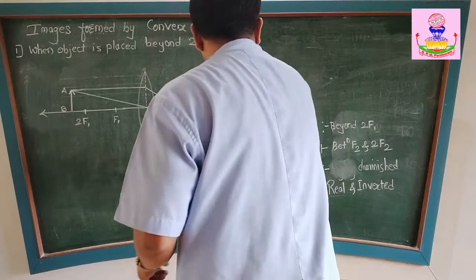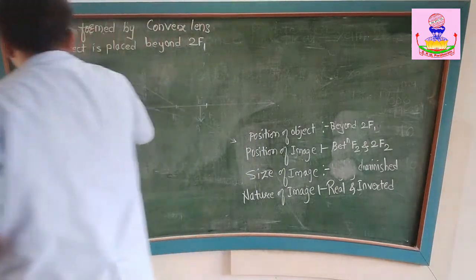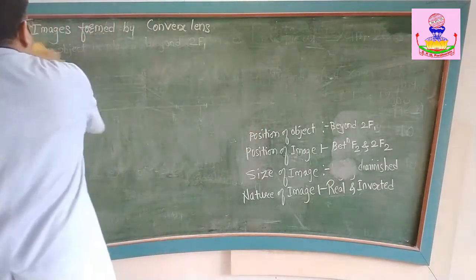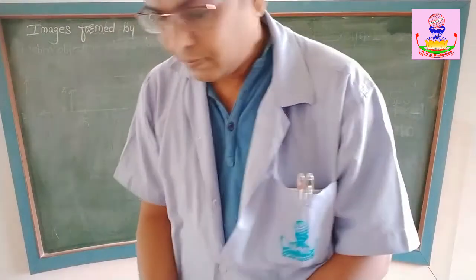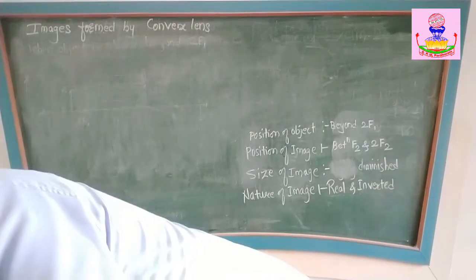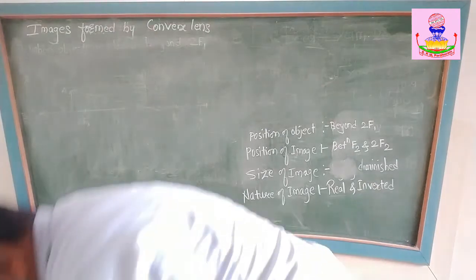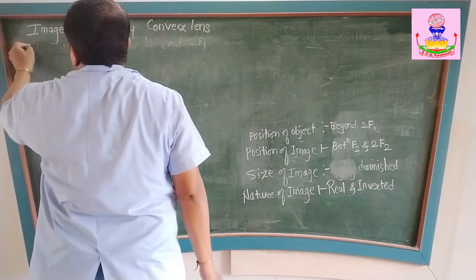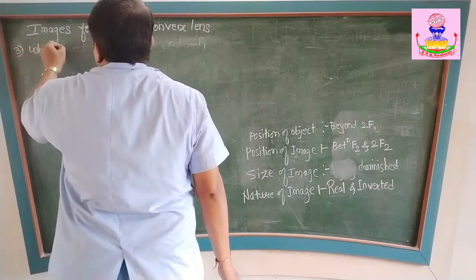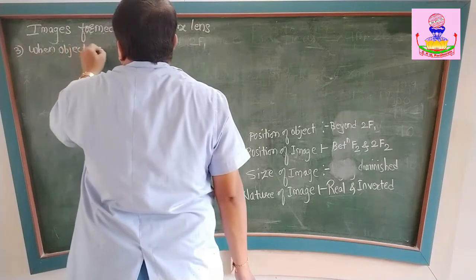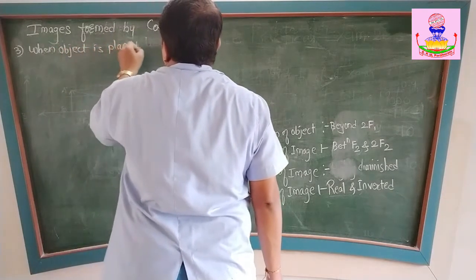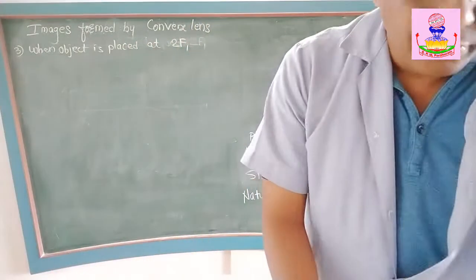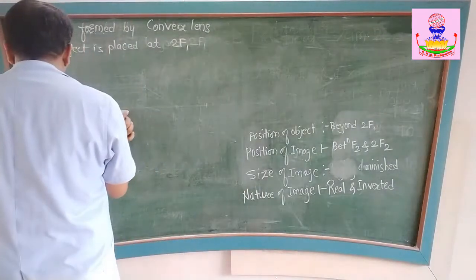Now let us go for the third one. When the object... So we will draw the principal axis.